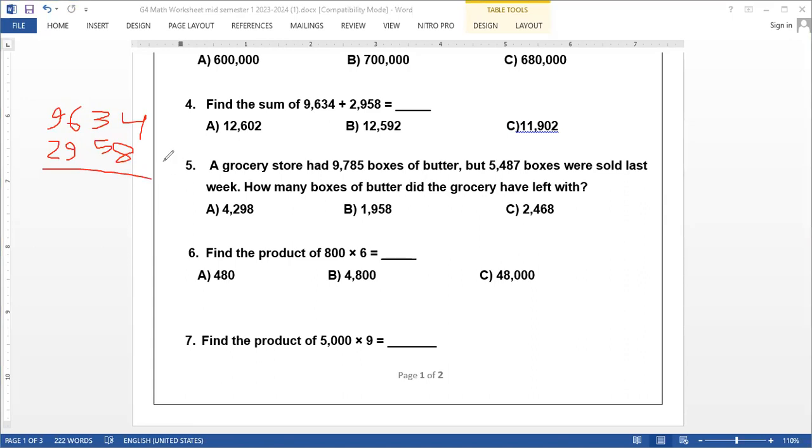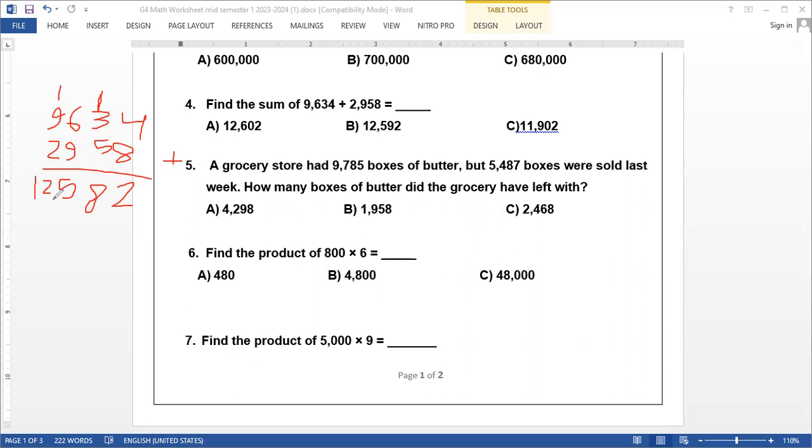Don't forget to regroup. Regroup means if you add 4 plus 8 equals 12, you put the 2 down and the 1 up to the next digit. 1 plus 3 is 4. 4 plus 5 is 9. 6 plus 9 equals 15. 5 down and 1 up. 1 plus 9 is 10, plus 2 is 12.